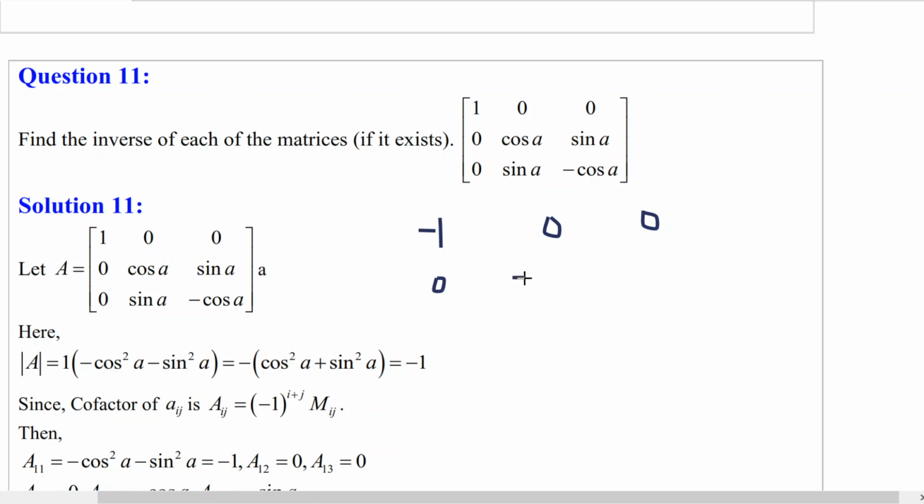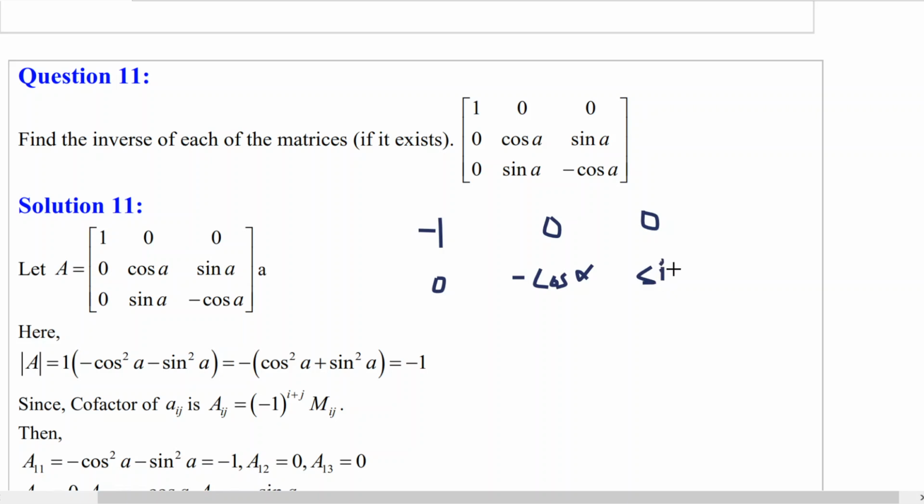So I'll just write here minus cos alpha. Right. On hiding this sine alpha with row and column, I'll get sine alpha minus 0. So I'll just write sine alpha here.